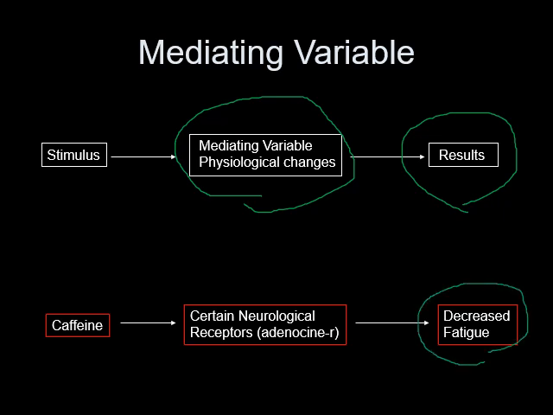In other words, if there is a way to neutralize this adenosine receptor so that the caffeine does not block it, then it doesn't matter how much caffeine or coffee you drink, it's not going to cause decreased fatigue. So you can see that these mediating variables are really the middleman when it comes to the actual feeling it's giving you. Okay, so that's what a mediating variable is.